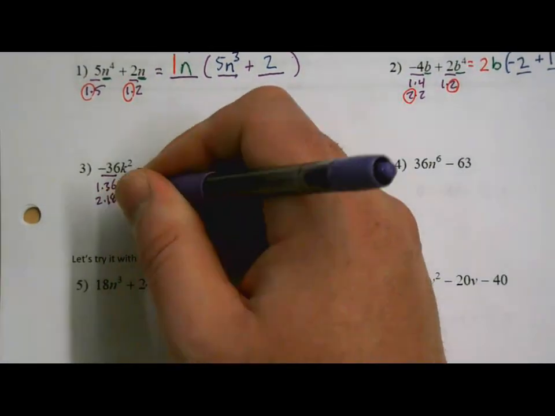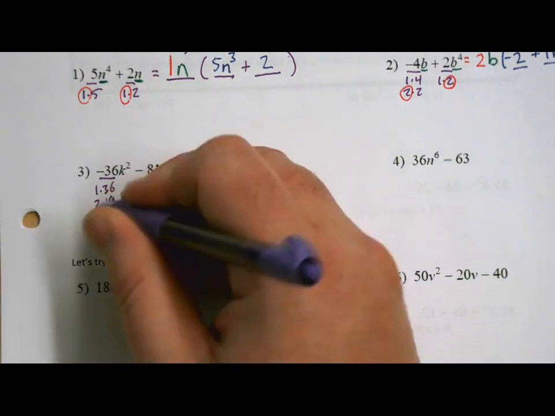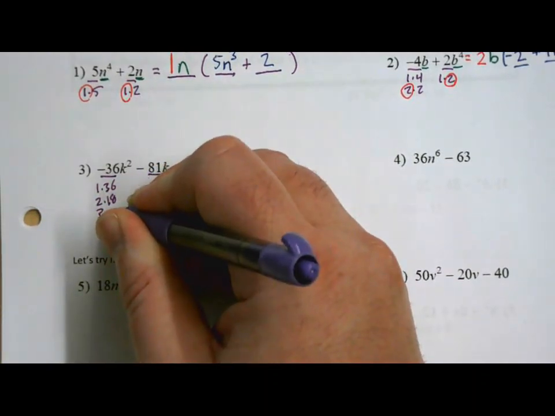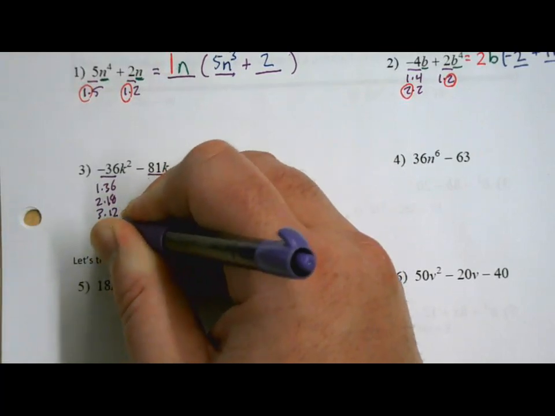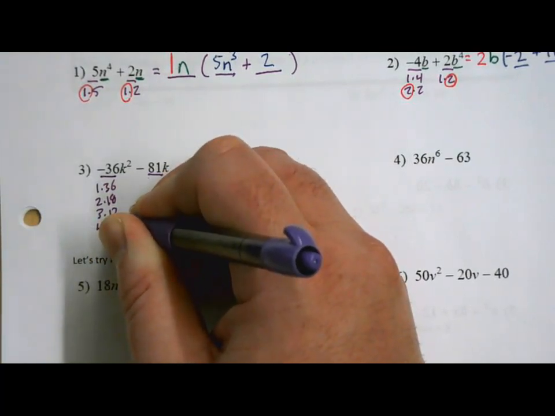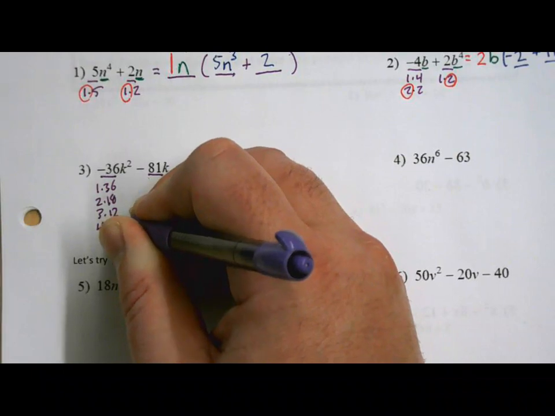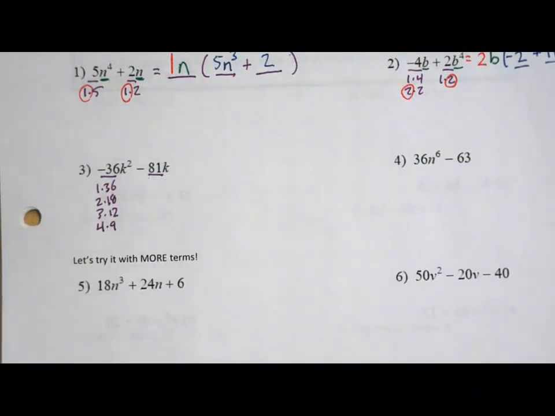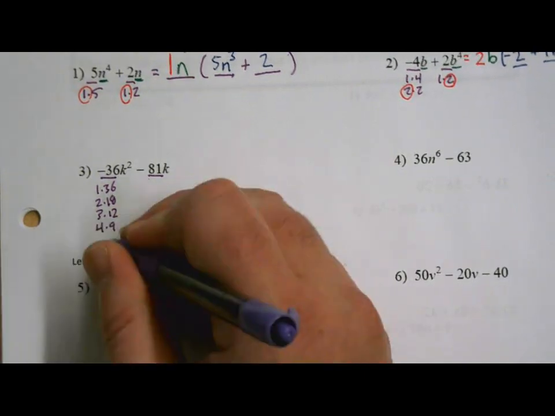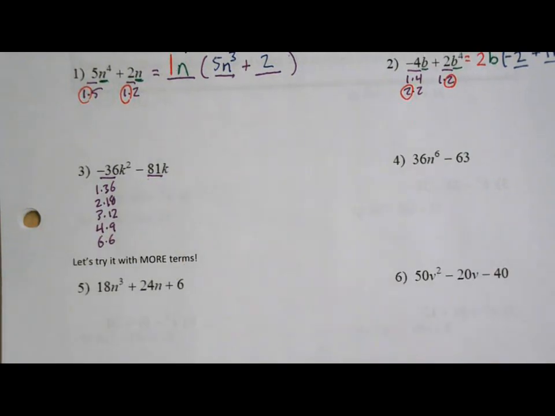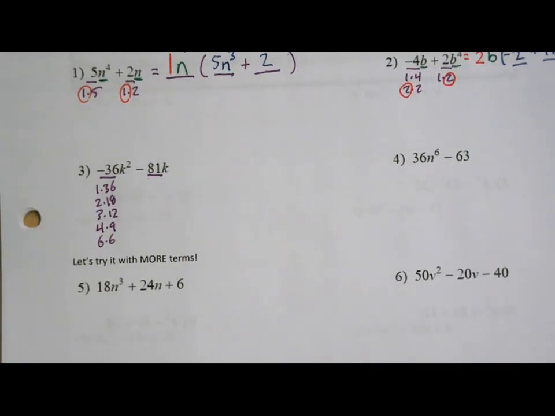I'm pretty sure 3 goes into 36 also. 3 times 12. 4 times 9. 5 doesn't go into 36 because it doesn't end in a 5 or a 0. Does 6 go into 36? Oh yeah, 6 times 6, and then we got to repeat there. So there's our list for 36.